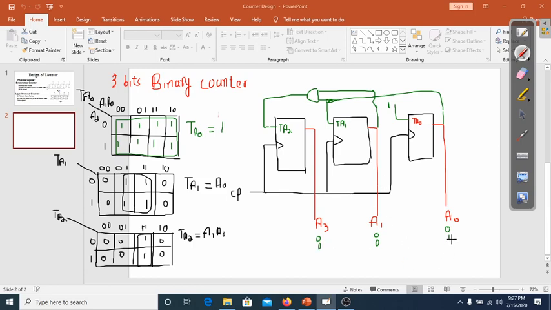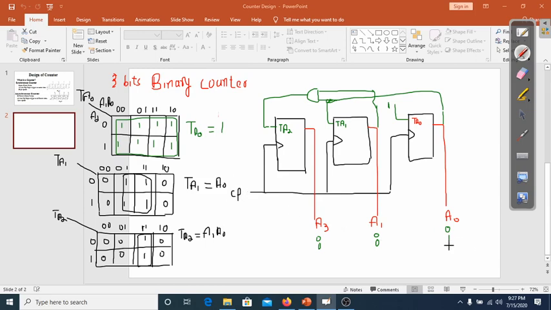So now these are the present state 0, 0, 1. So here when we have a 1, 1 is the present state. So the input of this flip flop is 1. So what would be the next state? It would be 0. As the clock pulse will arrive, the second clock pulse will arrive.